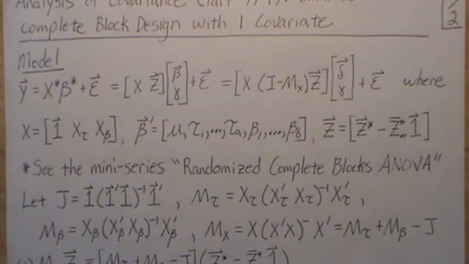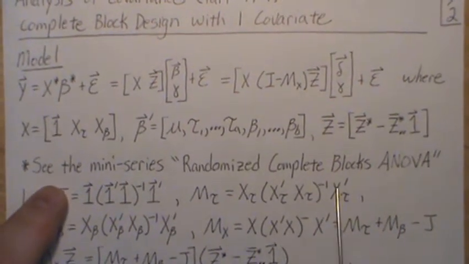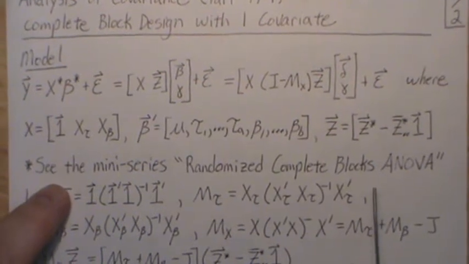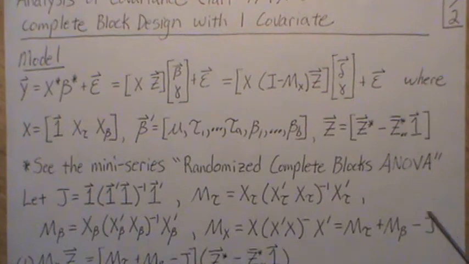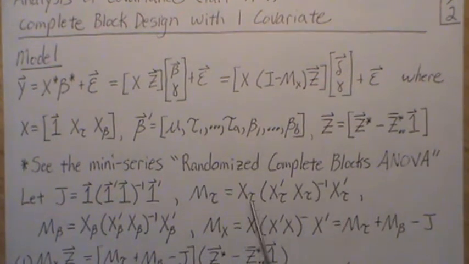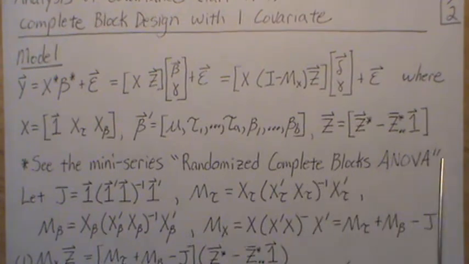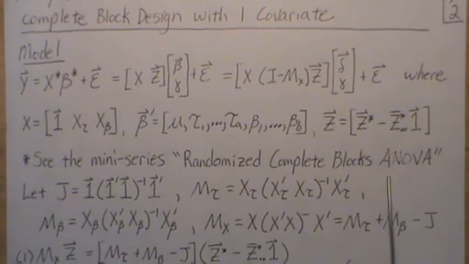Now, in what we do next, I'm going to follow the mini-series Randomized Complete Blocks ANOVA, and we're not going to rederive those results, we're just going to state them here. So if some of what we go through is too fast, I would highly recommend that you go through this video, and it's a several part mini-series.